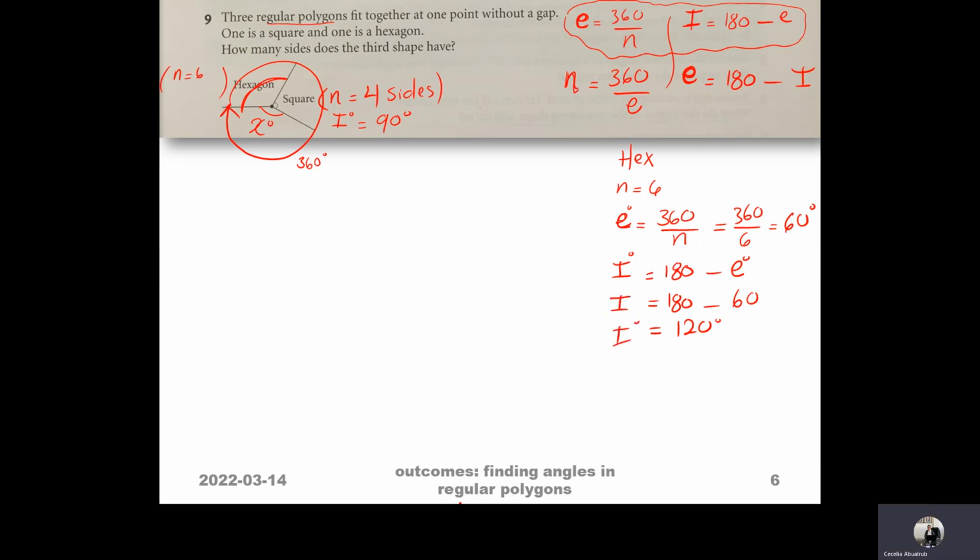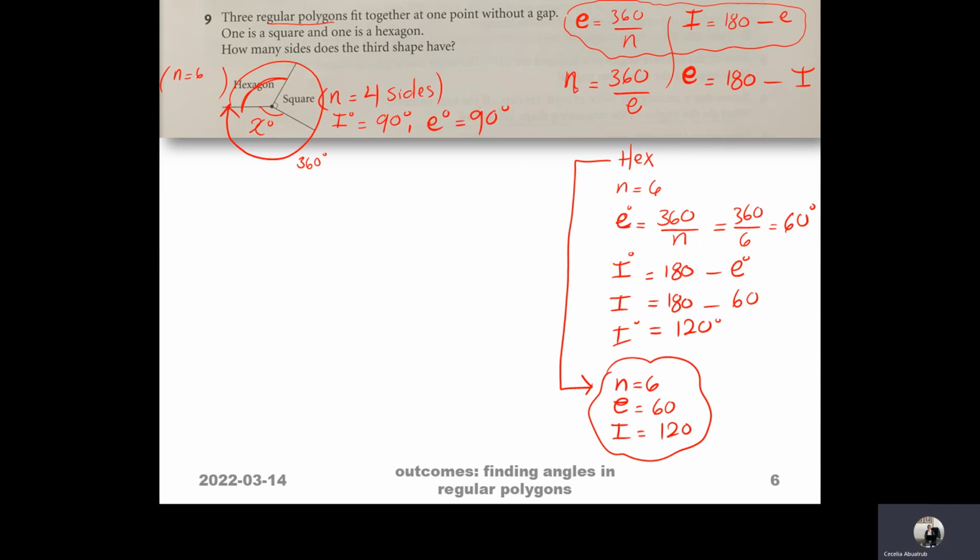And this is I. Okay, so for the hexagon, N is equal to 6, E is equal to 60, and I is equal to 120. For the square, we know that the interior angle is 90 and the exterior angle is 90 as well, and it has 4 sides.